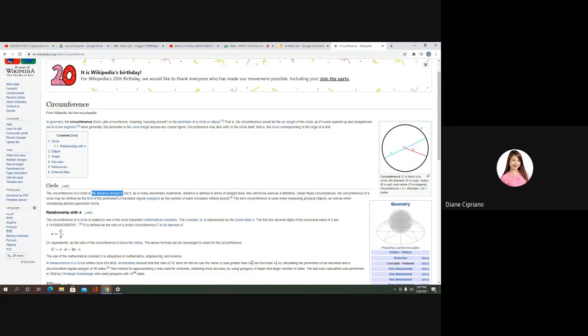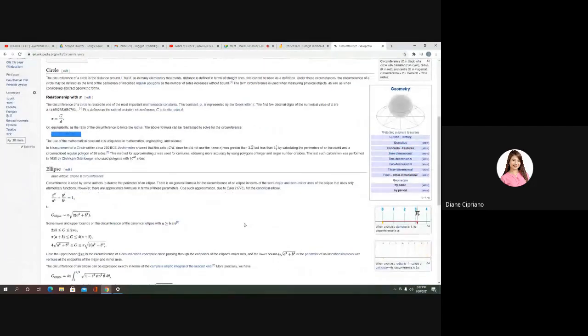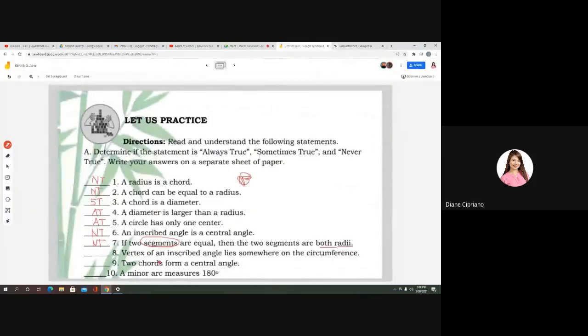So, meaning, it is the formula on how to get the circumference of the circle. So, ang tanong, ang vertex daw ba ng inscribed angle lies somewhere on the circumference? Possible? Give me your answer.